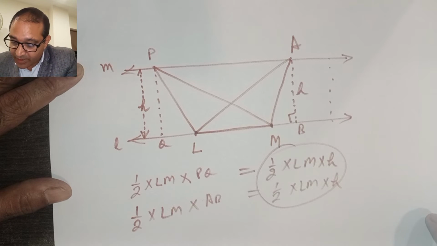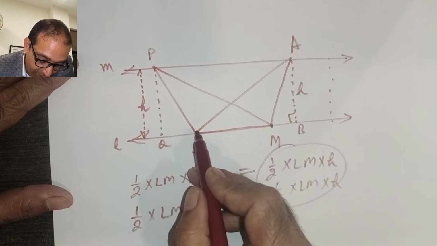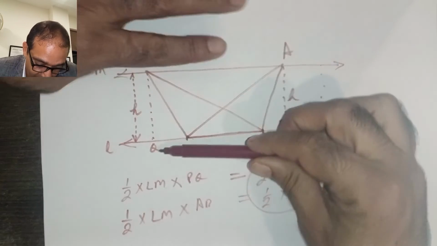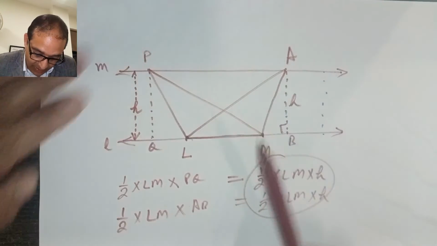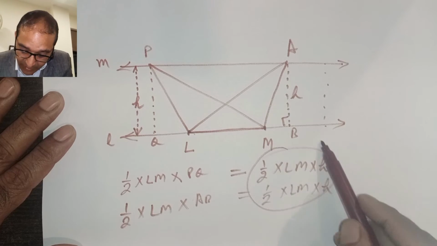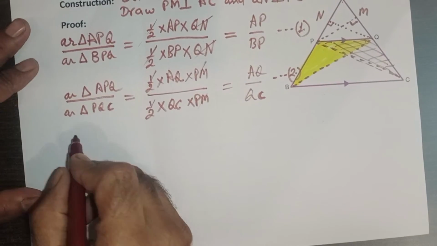So what is the rule we have learned? The rule is that the area of 2 triangles with the same base and between same parallel lines is always same. The 2 areas are always same. Let us take down this as a line for our theorem like this.